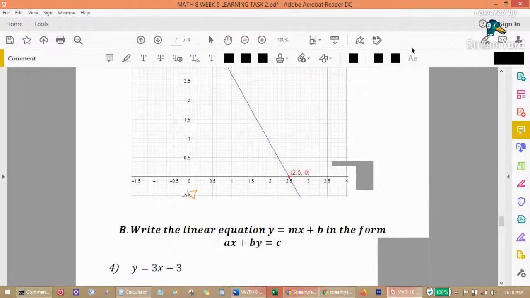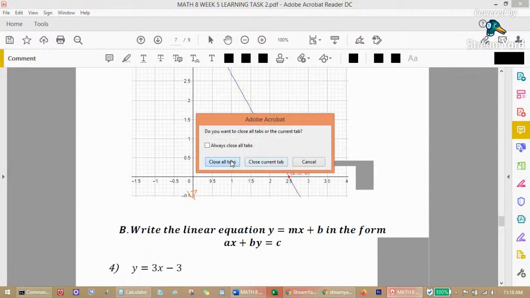Oops, wait lang ha. Medyo naglolo. I-close muna natin.